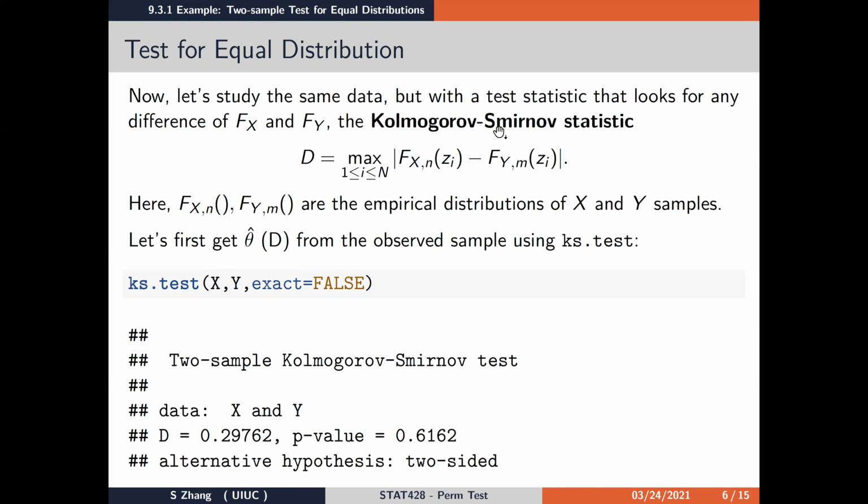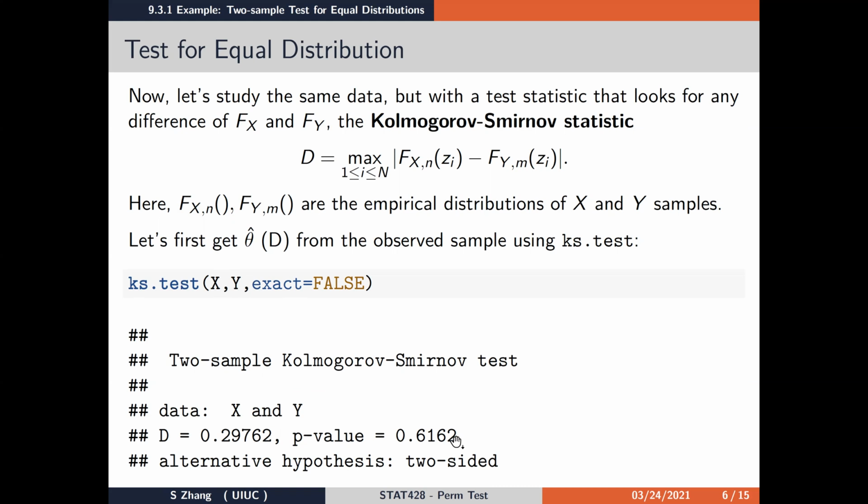This can be done using the KS test built-in function in R. When you do KS test, it implements the two-sample Kolmogorov-Smirnov test of x and y, and we also specify exact equals false. In this case, this is what we get as the output. You can see that it tells you the test statistic, the KS statistic, and it also gives you the p-value.